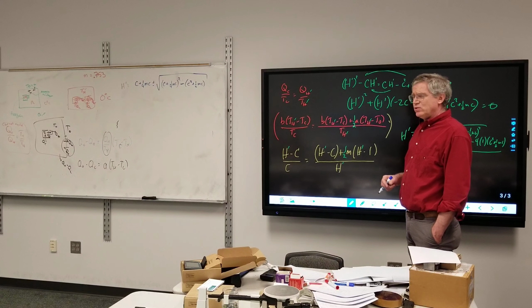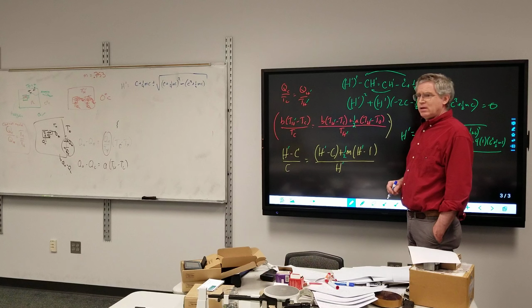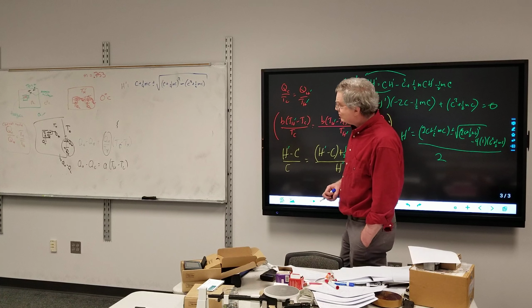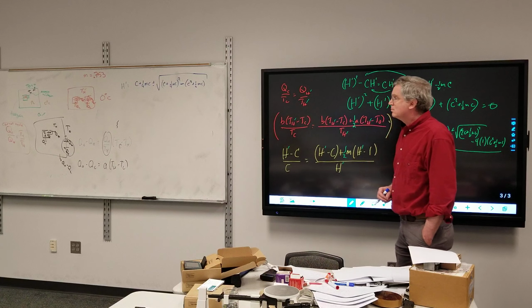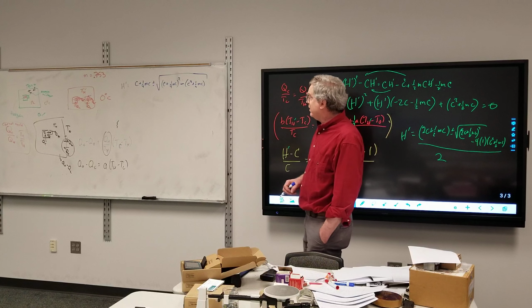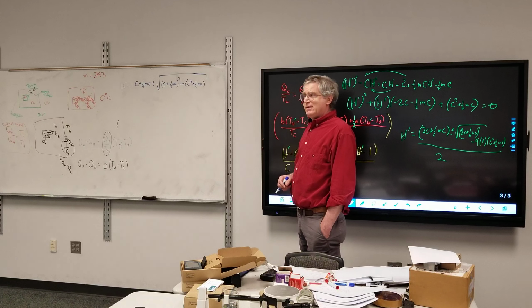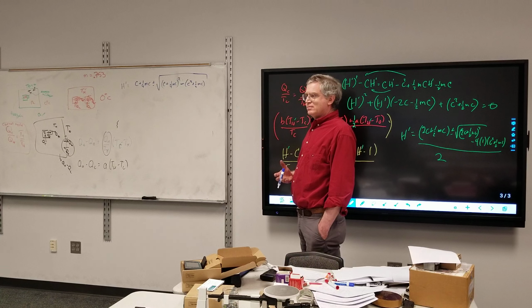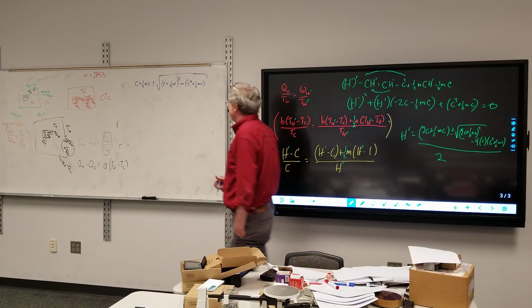You're going to get 2 solutions here. Which one do you pick? Well, let's run through a case. Gut feeling, plus or minus? Plus. Vote for plus. Yeah, I agree. Okay, let's find out.